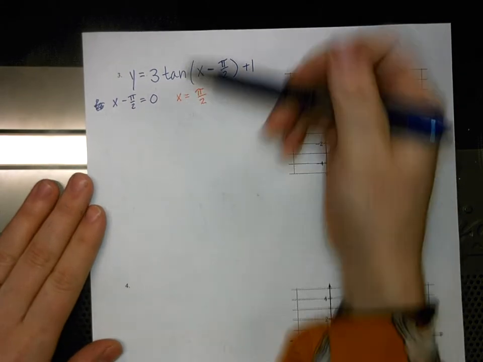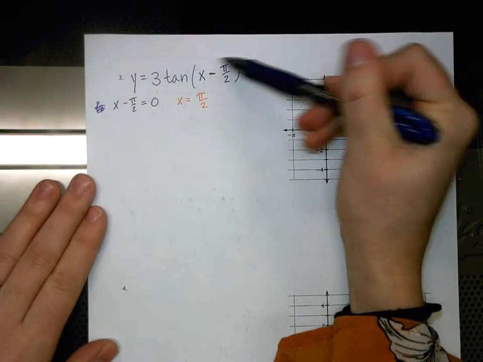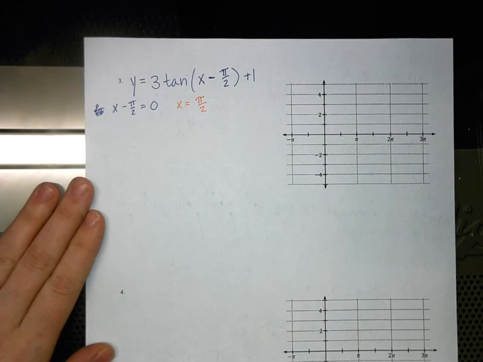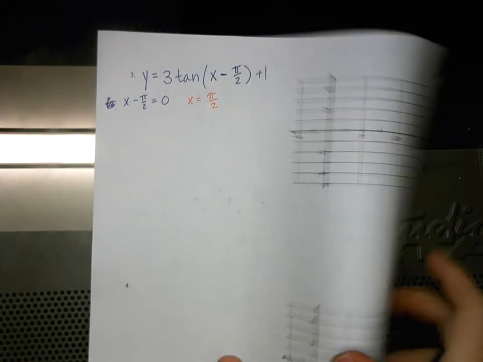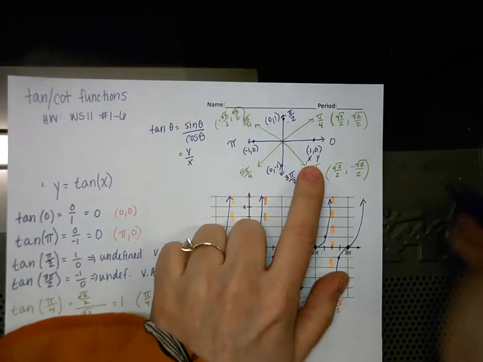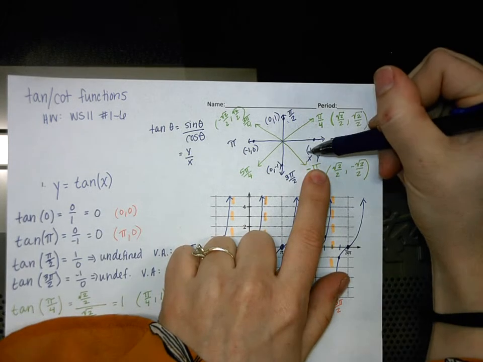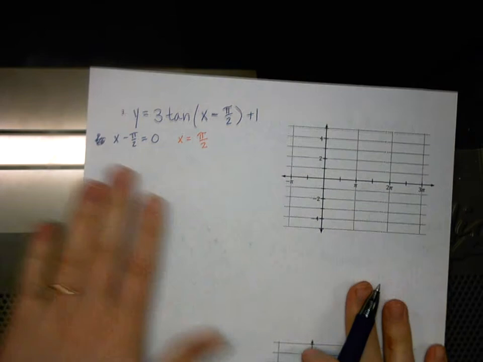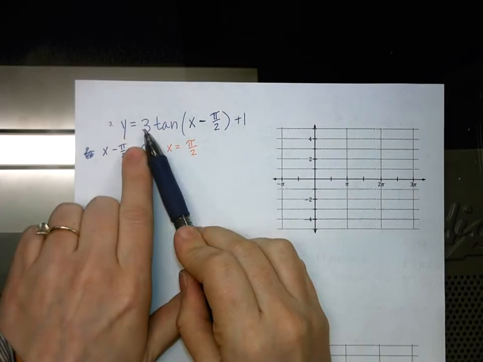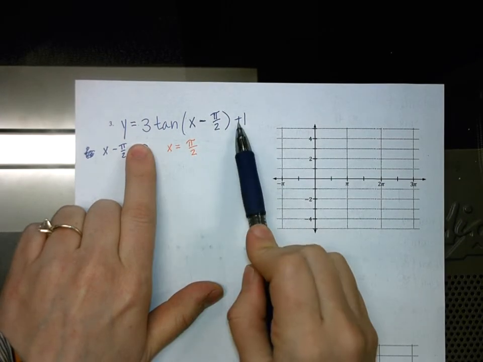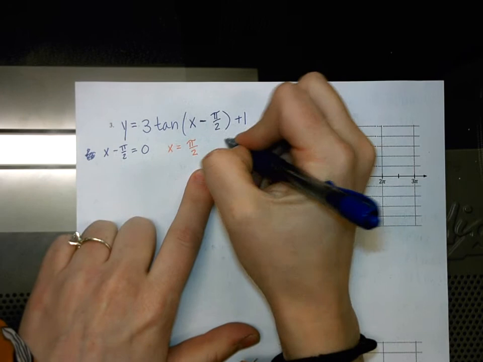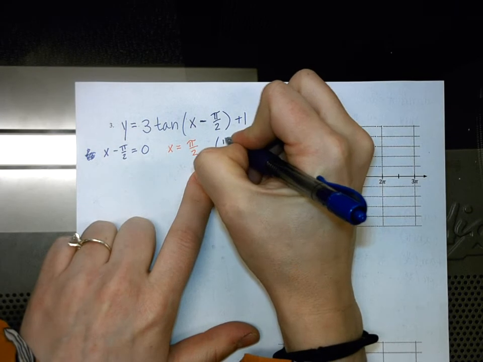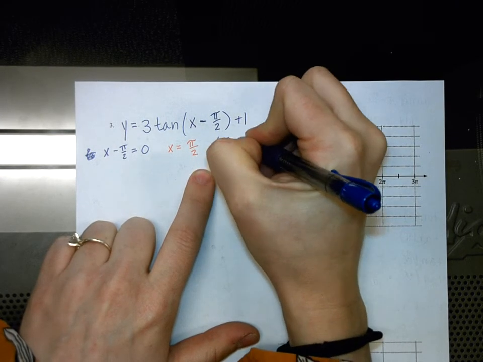Now, what is the tangent of 0? 0 over 1, which is 0. So we get 3 times 0 plus 1, which is 1. So pi over 2, 1.